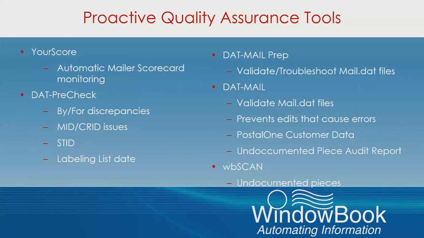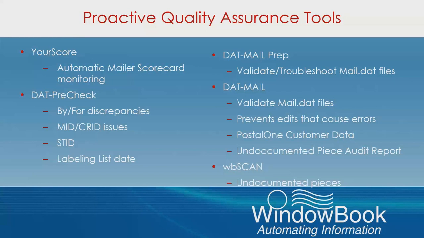We also have a tool called DAT PreCheck, which allows users to validate mail.dat files right from the pre-sort process before you go into print production or submit your files to Postal One. This allows you to catch issues with the by-for data or MIDs and CRIDs, STIDs, and it also checks to see if your labeling list data that you used in pre-sort is up to date.